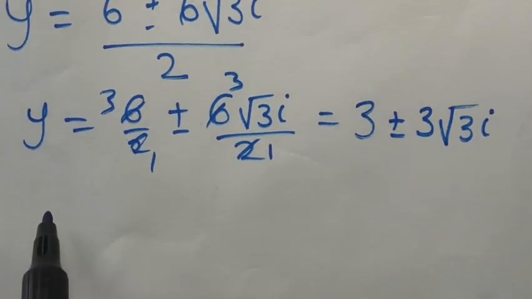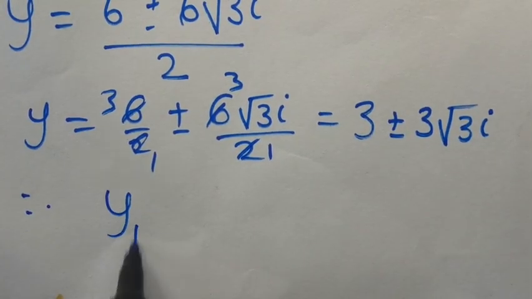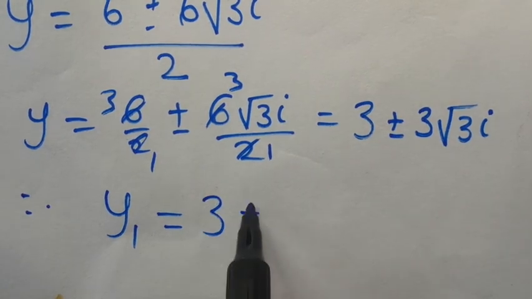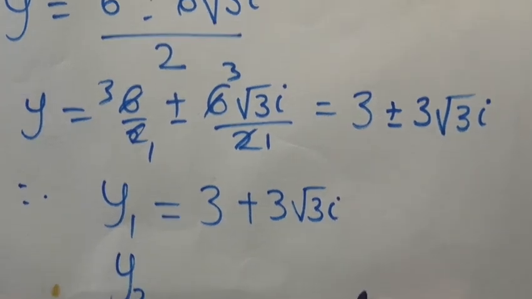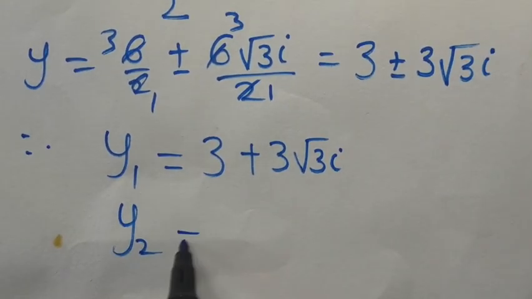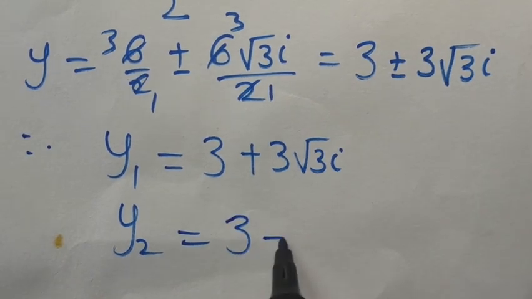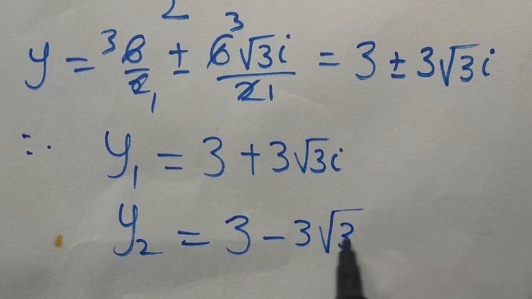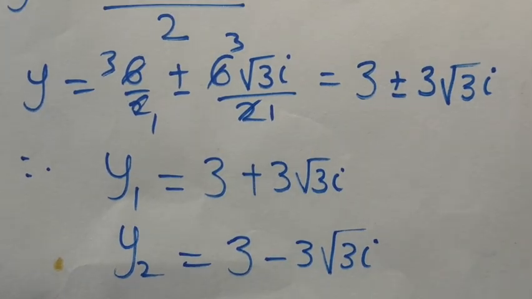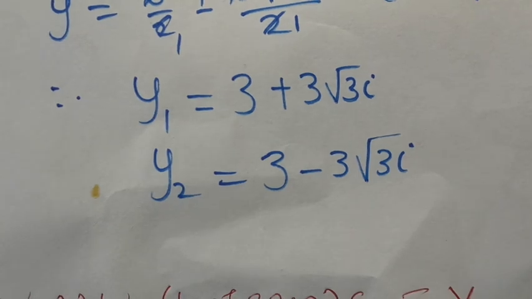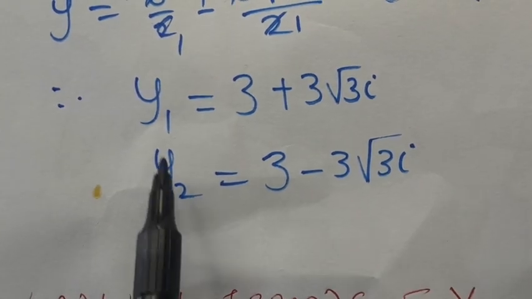So therefore, we have y1 equals 3 plus 3 root 3 i, then y2 equals 3 minus 3 root 3 i.